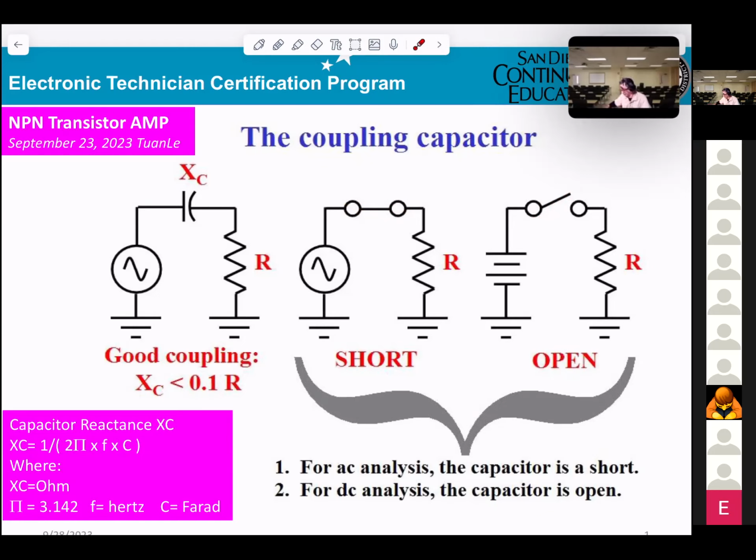What we said for AC analysis, the capacitor is shorted. For DC, the capacitor will be open. That's only telling you the capacitor does not allow DC current to go through it, when fully charged.